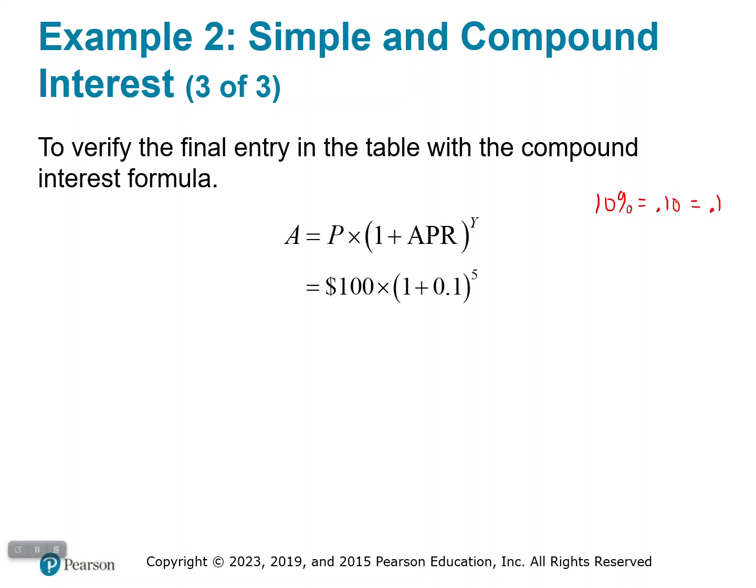And being lazy, we frequently drop off that zero, right? Significant digits and all. And then my y, the y power of 5. So this becomes 100 times 1.1 to the power of 5. Take care of parentheses. Now we'll take care of exponents. $100 times 1.6105. There are more decimals.